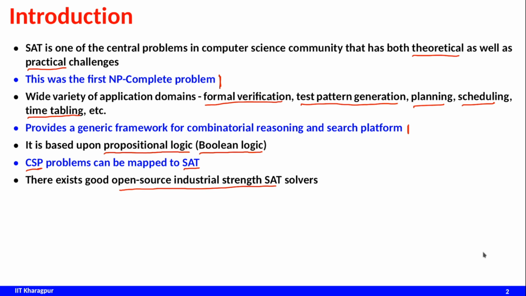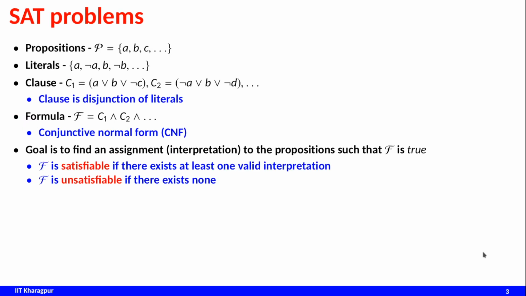Now let us come to the satisfiability problem. What does it actually mean? First of all, we need to have propositions, or Boolean variables. A proposition is nothing but an indivisible Boolean variable which can take the value either true or false.